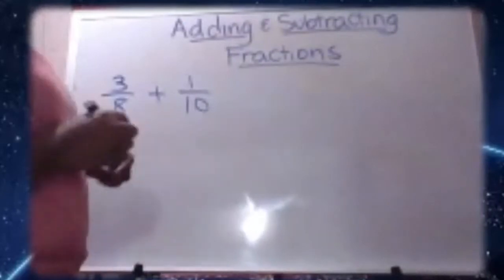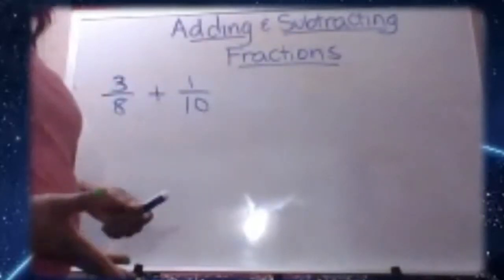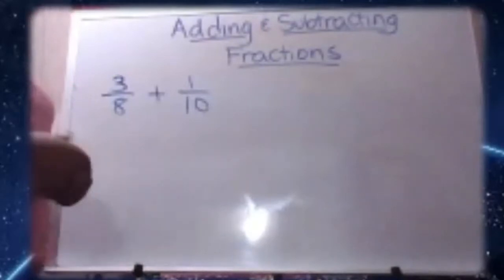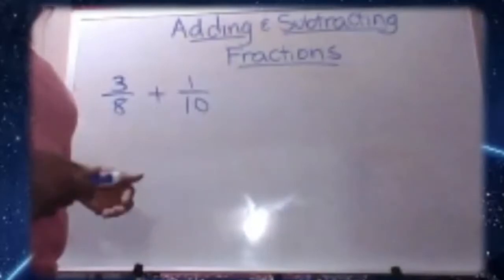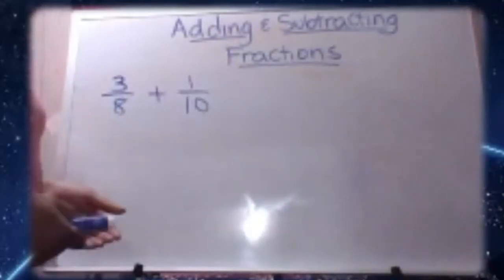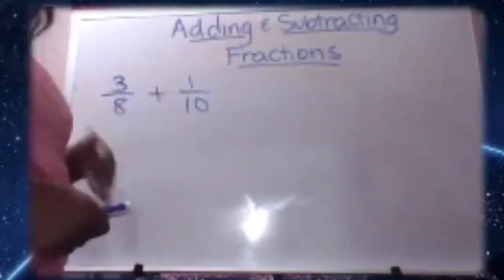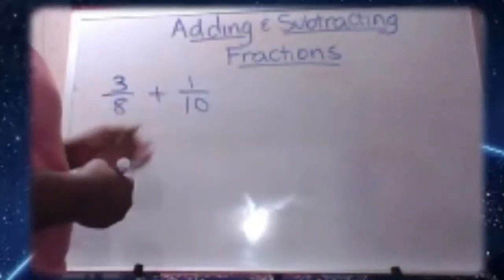These numbers are not the same, so we cannot add the top and keep the bottom. That doesn't apply here. But in order to do this addition, we have to make those numbers at the bottom become the same number. Now, math isn't magic, so we're not going to just erase the numbers and put the number that we feel like. There's a process in order to get the number.